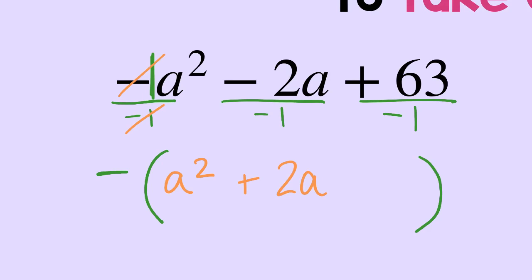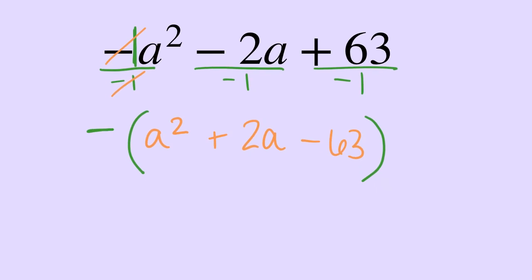And if you divide the last by -1, that's going to become a -63. So the only thing that happened once we pulled out the negative is it changed the signs of all of these, right? This part became positive, this part became positive, this part became negative. Okay, and we're still not done, remember, because you always need to try to factor this trinomial if you can. So let's see if we can factor this trinomial.